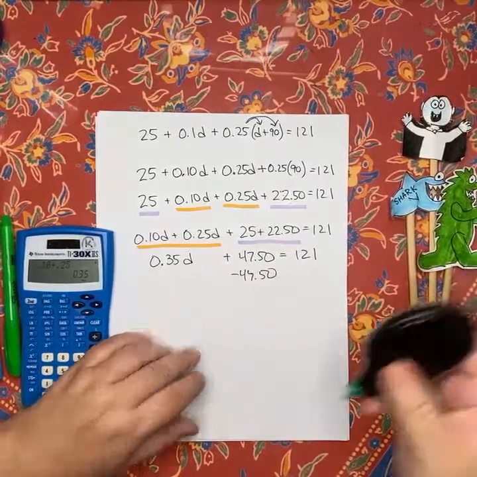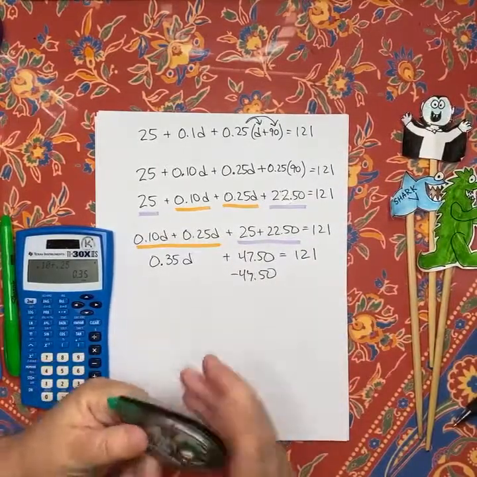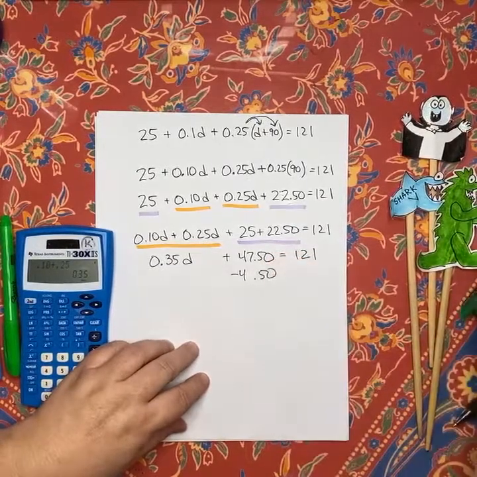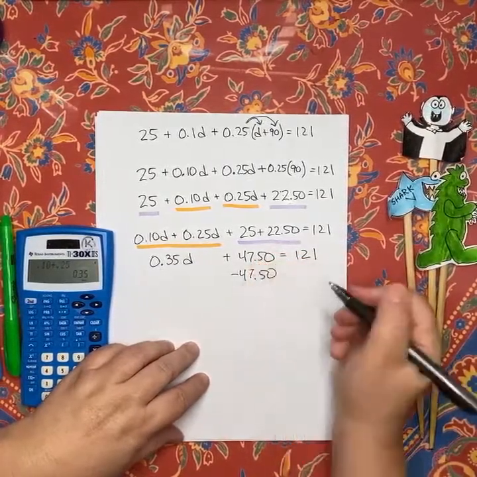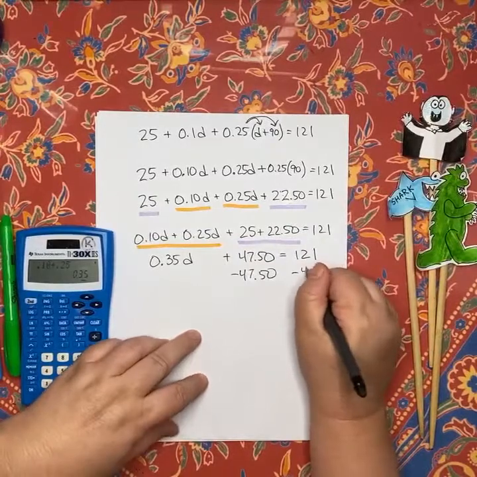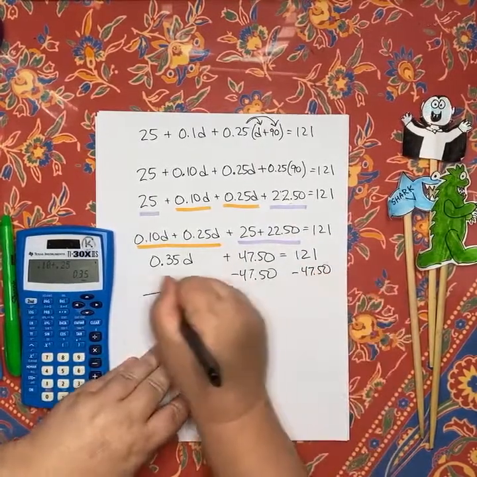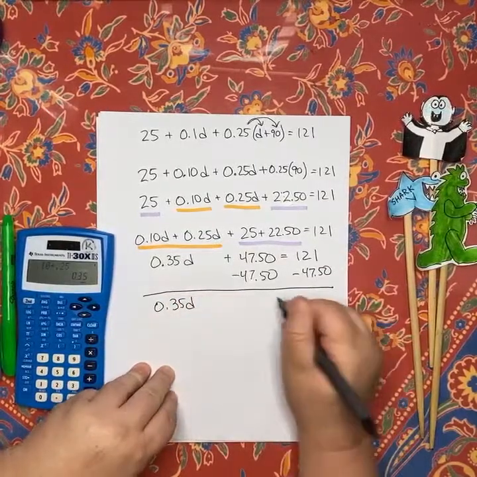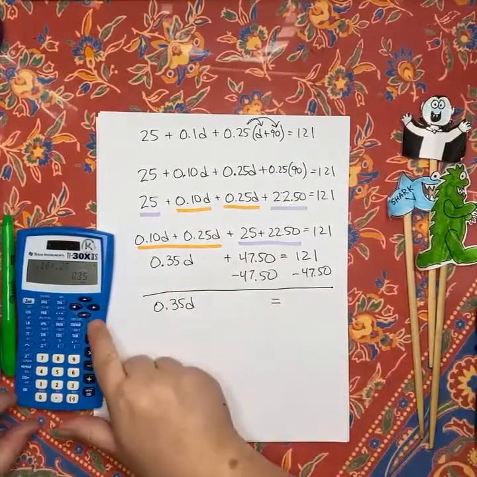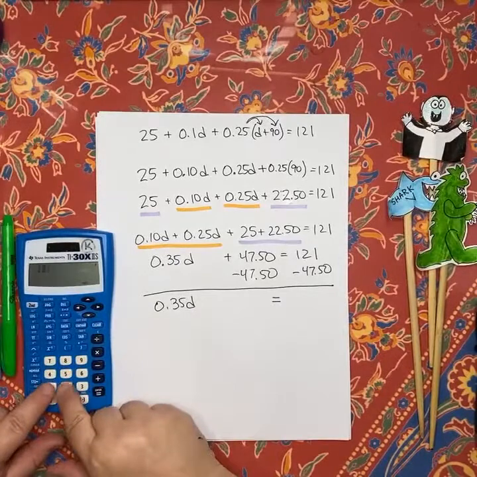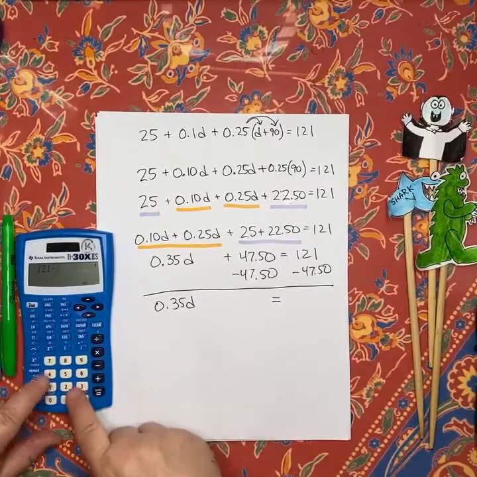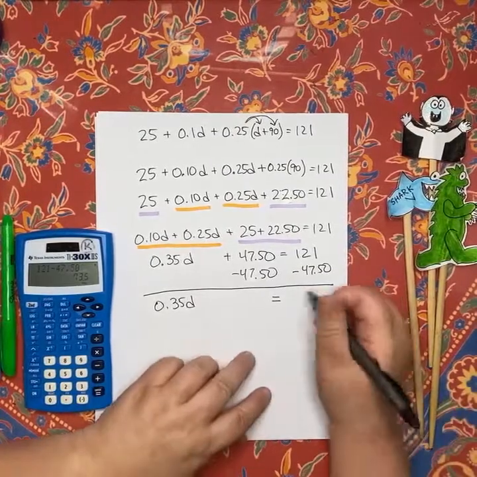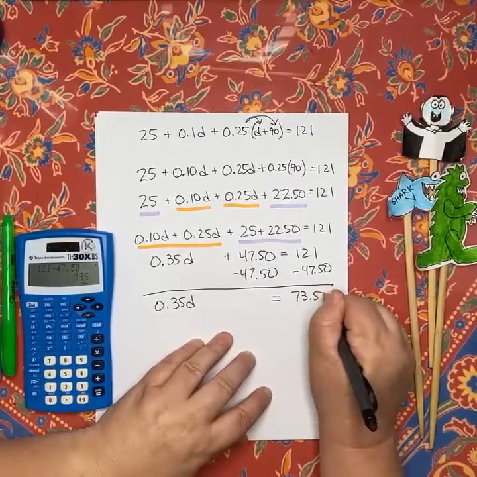Oh my goodness, I'm getting to the point where I should probably be using a calculator, because my brain is just like, no more math, please. Let's do something else. And I'm like, no, math all the time. Minus 47.50 equals, so I get 73.50 over here.